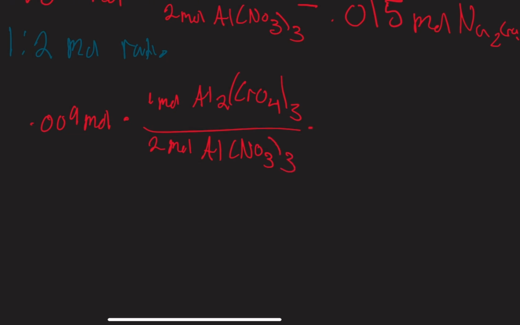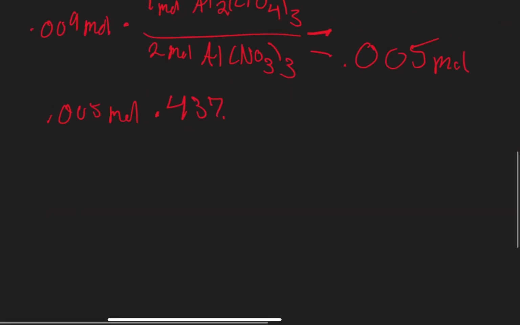Okay, then when we multiply this out, we get 0.005 moles, because we're using our significant figure rules. So 0.005 moles times the molar mass of aluminum chromate, our product. And whenever we multiply that out, we're going to get our theoretical yield, which is going to be 2.17 grams.